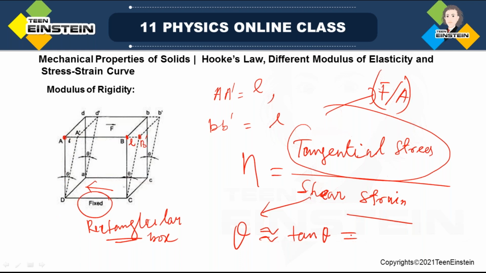Base will be AD, and perpendicular is AA prime. So perpendicular divided by base, base is AD or AB.